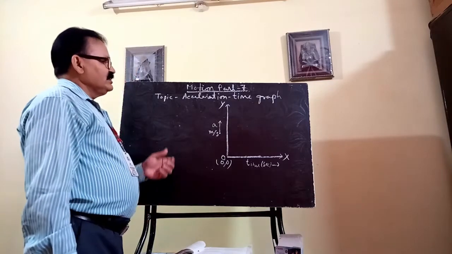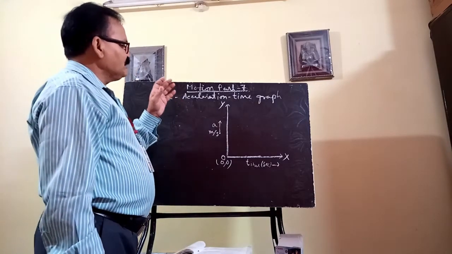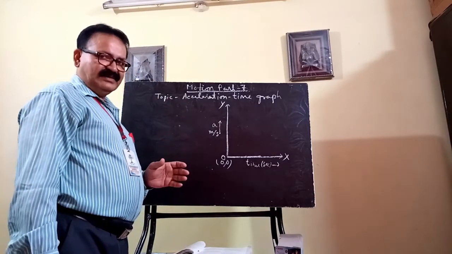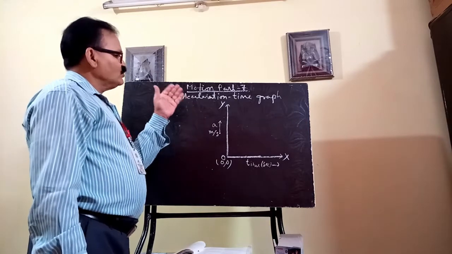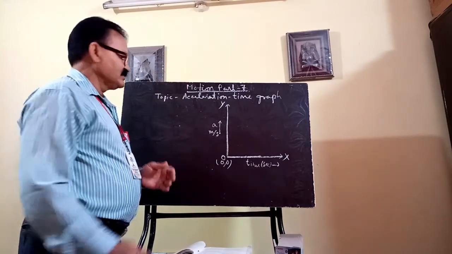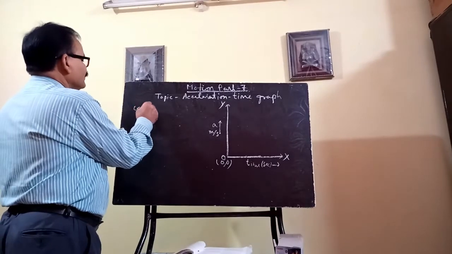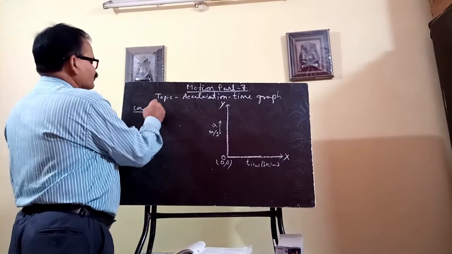Now suppose a body is moving with uniform velocity, case 1. There are 4 cases we will discuss.